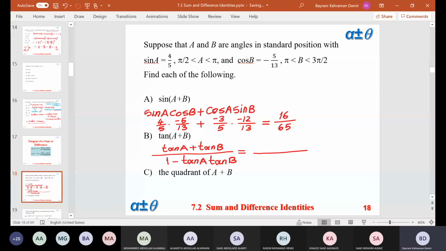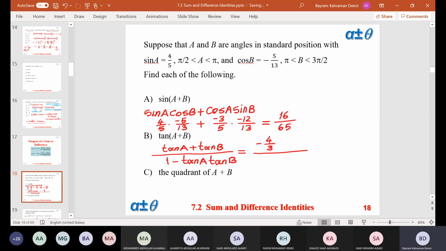Now, what is tangent A? Well, sine A is 4 over 5, so I'm imagining the triangle 4, 5, 3. Who's going to tell me the tangent of A? It will be 4 over negative 3. 4 over 3, but negative, right, Shabab? Perfect. So it is negative 4 over 3.